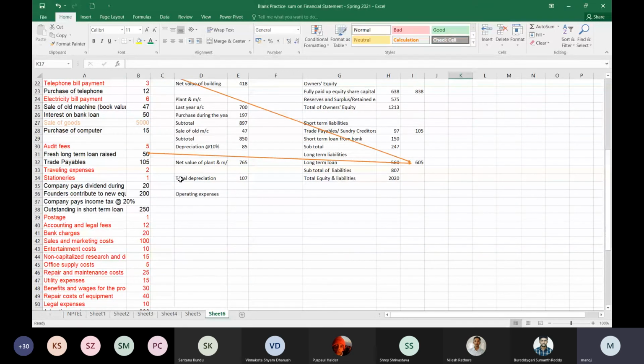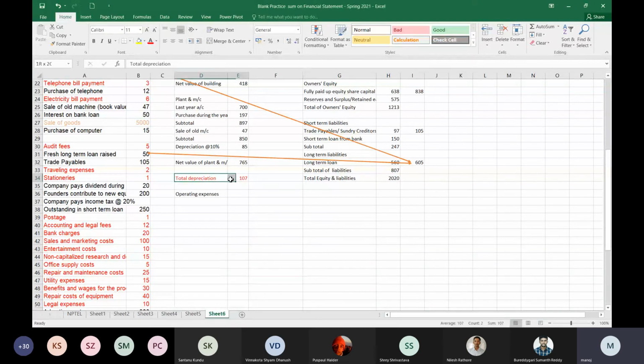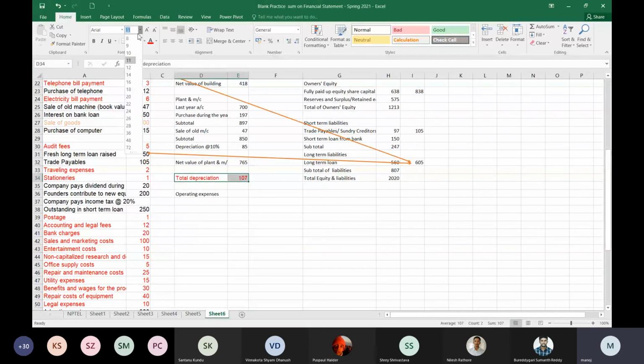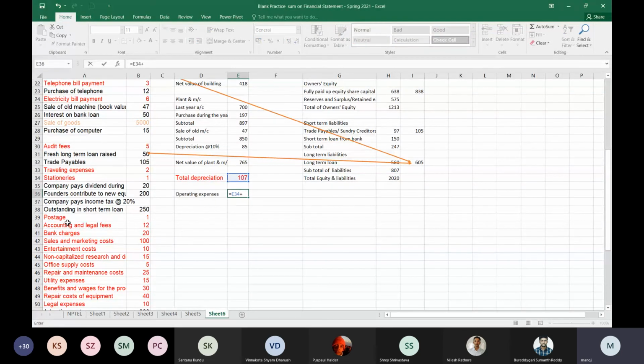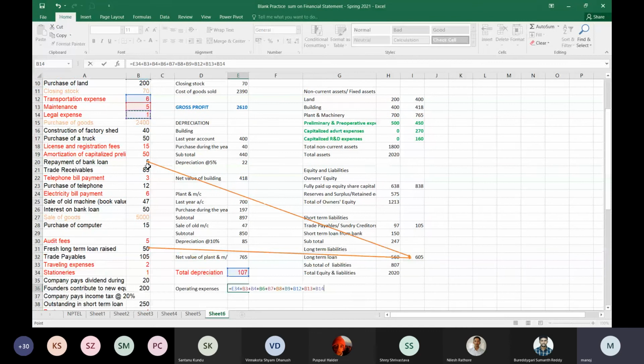Right. So for depreciation, you mark it red so that we never forget. Even when you have estimated the total depreciation, immediately you just mark it so that you know that this is also part of operating expense. So you start here: first is depreciation plus this plus this, all red items, plus this plus this.